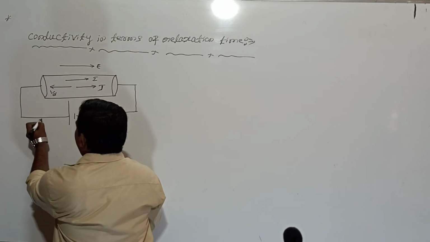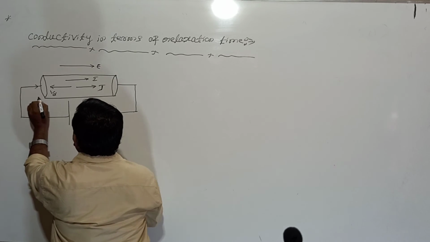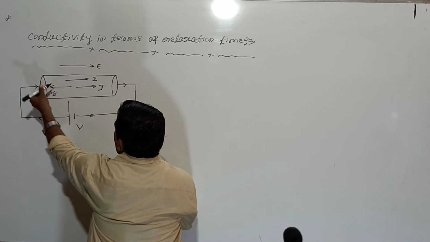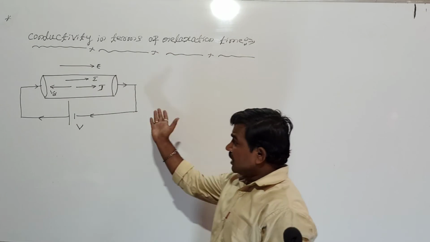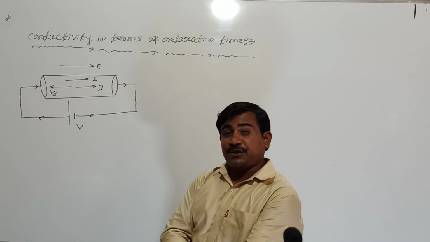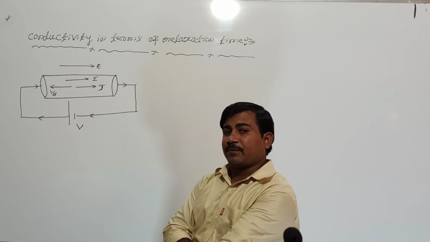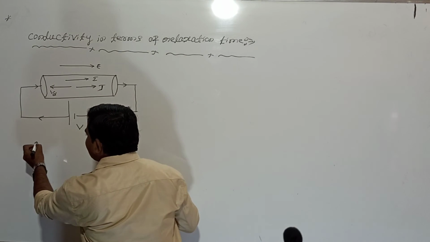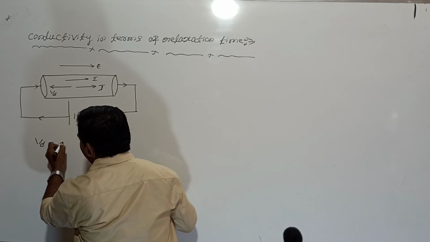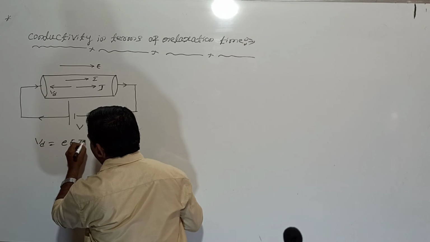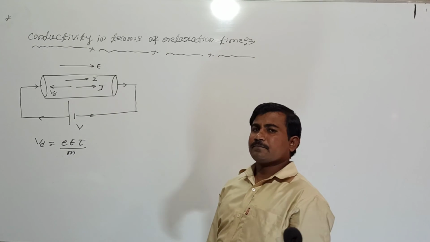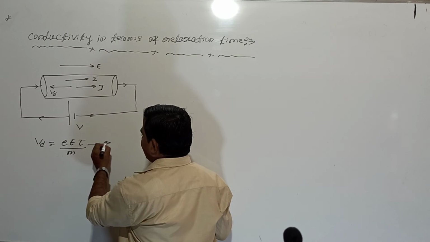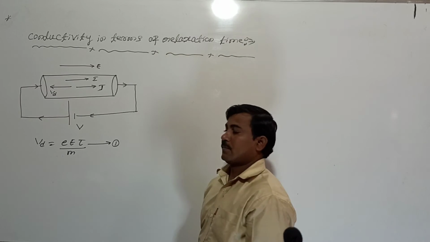Actually, the direction of current is from positive charge to negative charge, along the direction of positive charge motion. We know the drift velocity: Vd is equal to e E tau divided by m. This we are calling equation number 1.